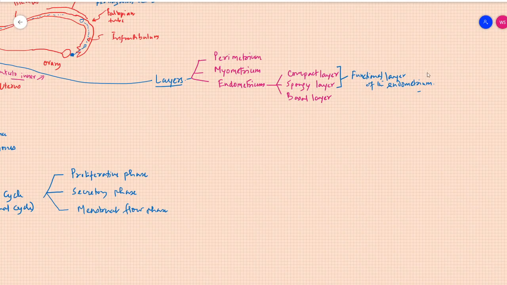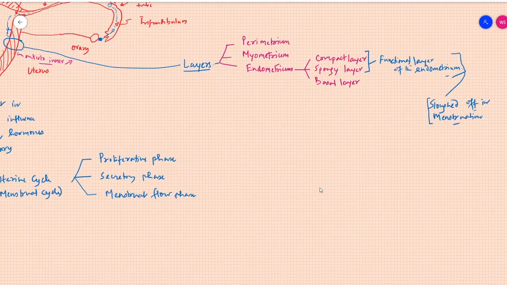This functional layer is sloughed off in menstruation, which is the flow of blood and debris from the vaginal opening.